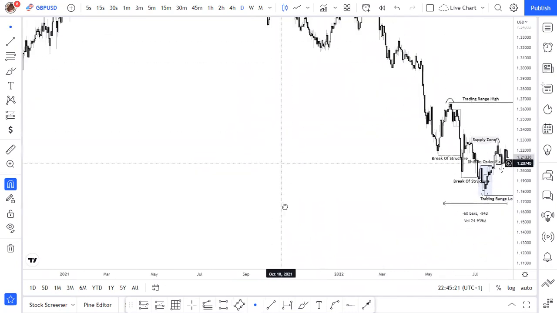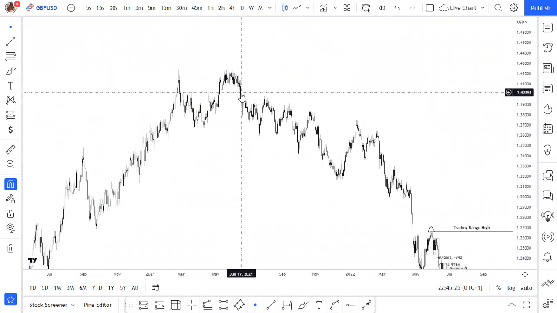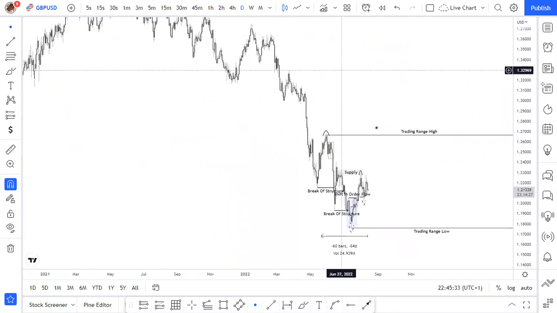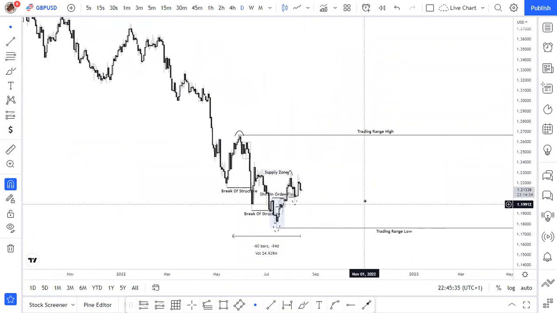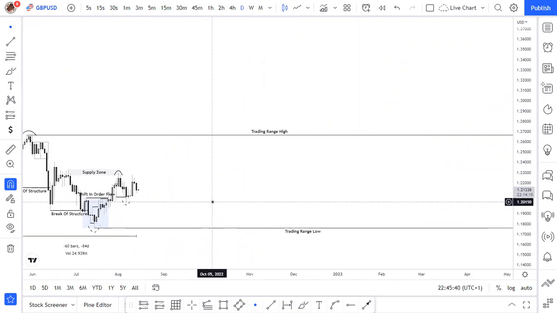We've been bearish since August 2021, bearish until this date, which is August 12th, 2022.